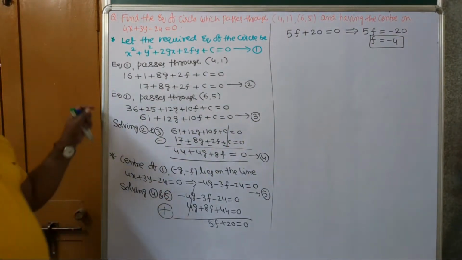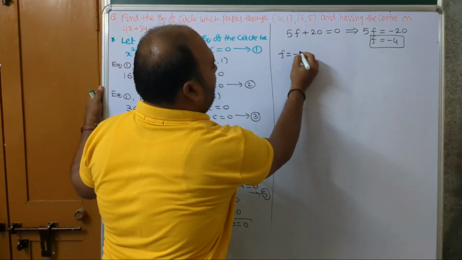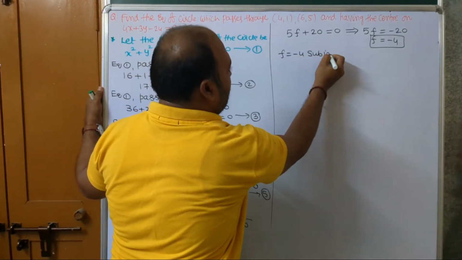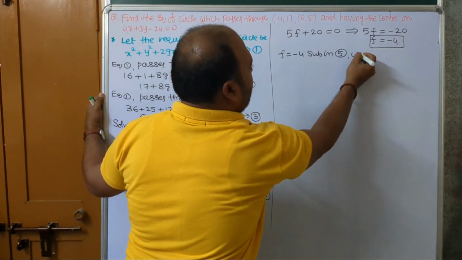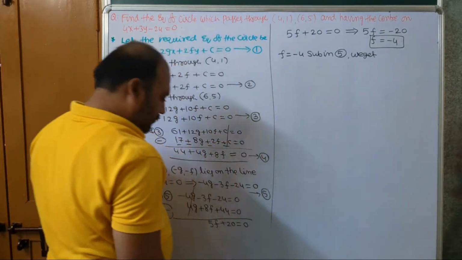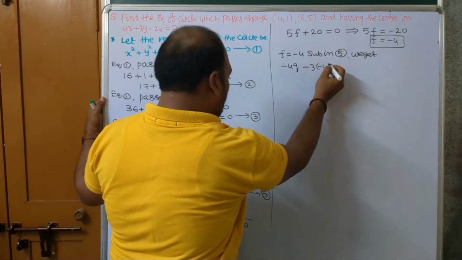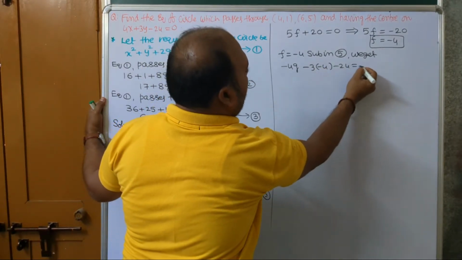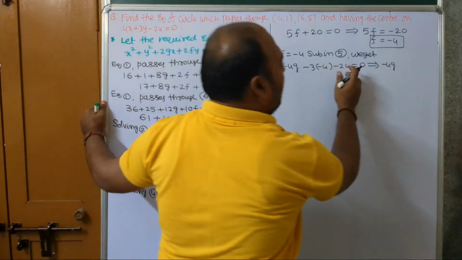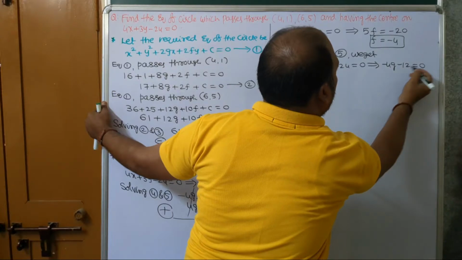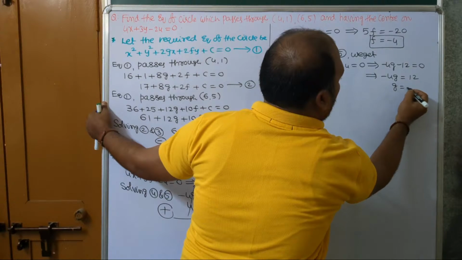So the f value, f equal to minus 4, substitute in equation 5, we get minus 4g minus 3 into minus 4 minus 24 equal to 0. That implies minus 4g plus 12 minus 24, minus 12. So minus 4g equal to 12. So g equal to minus 3.